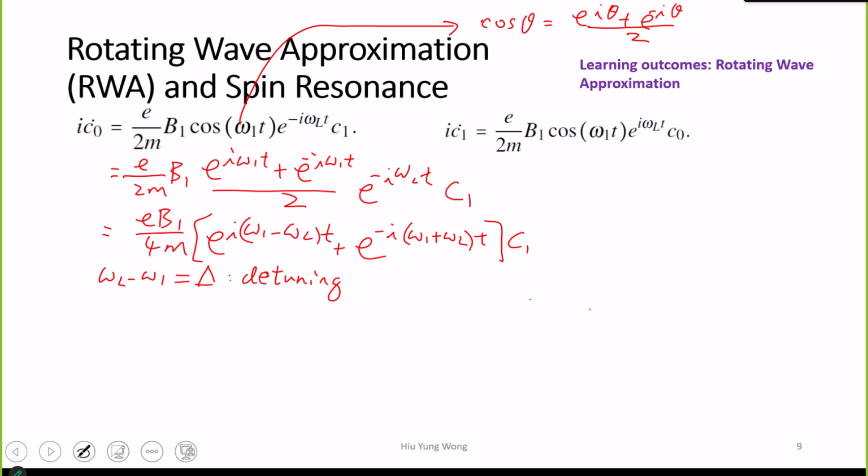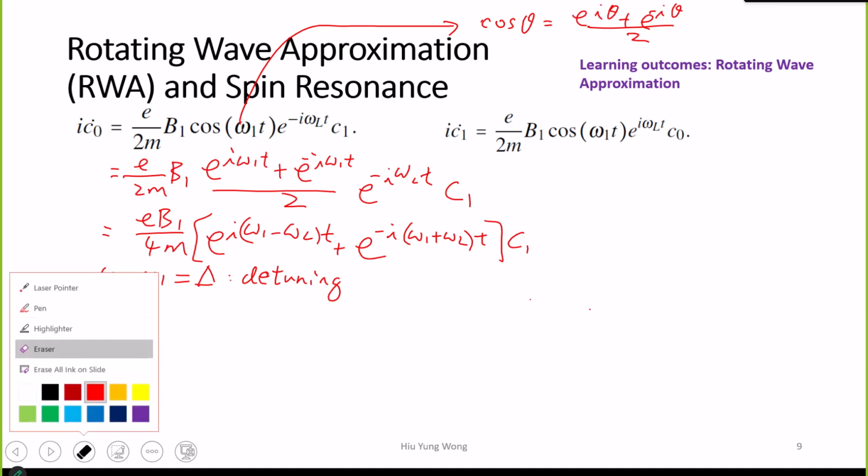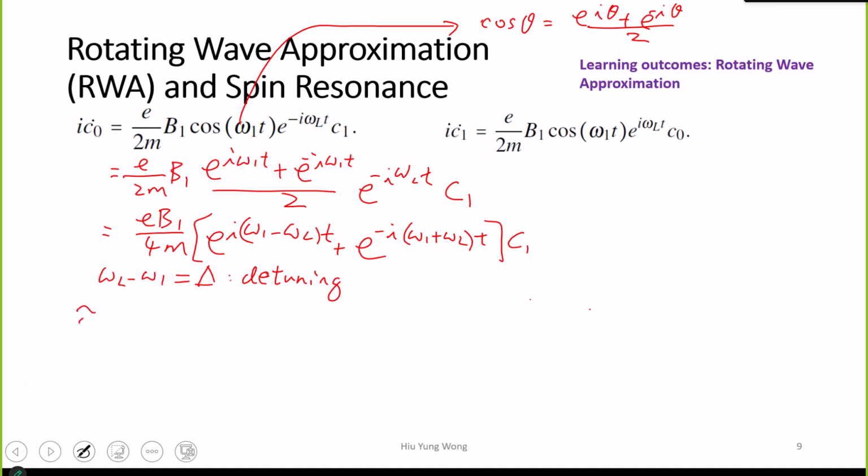Then this one is approximately equal to e B1 over 4m, e to the power negative i delta t times C1. Because the other term has a very large frequency, its contribution to the problem can be averaged out.